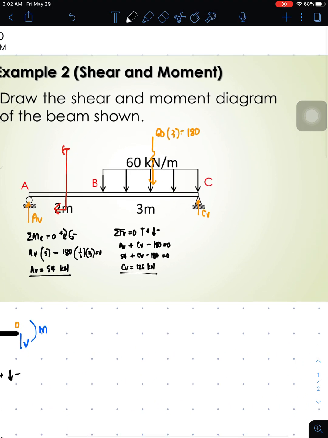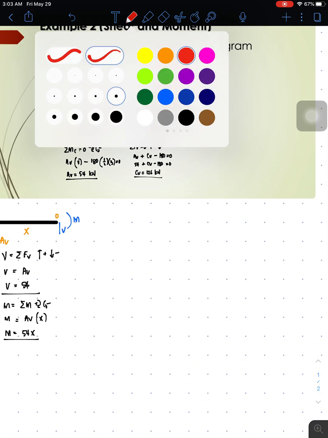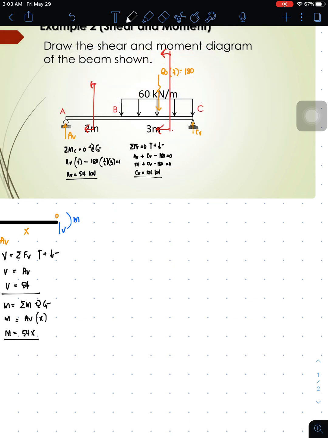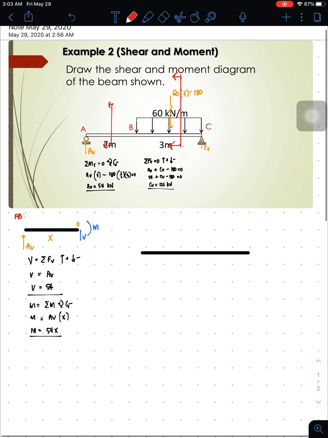How about for BC? All we have to do is cut here and consider the left segment. Let's redraw. So this is for BC.